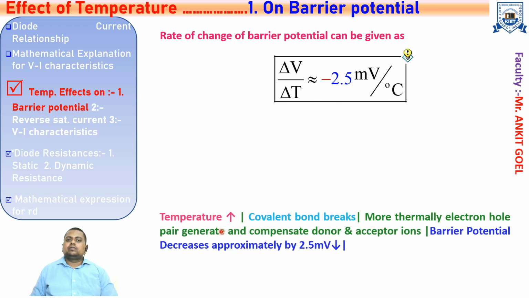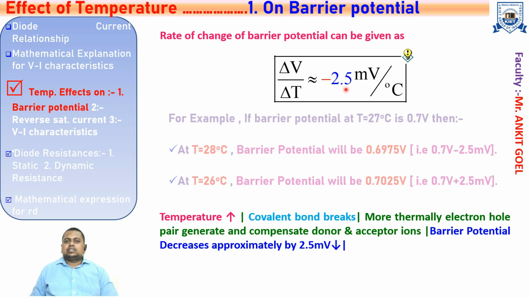As covalent bonds break due to the increase in temperature, more thermally generated electron-hole pairs compensate the donor and acceptor ions in the depletion region. So the barrier potential will decrease, and this rate of decrease is 2.5 millivolt per degree centigrade. Let's take an example.